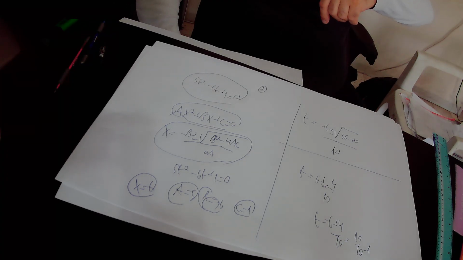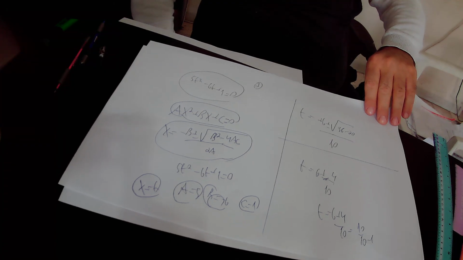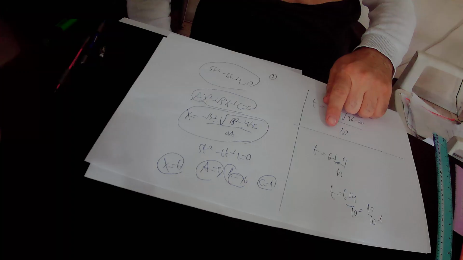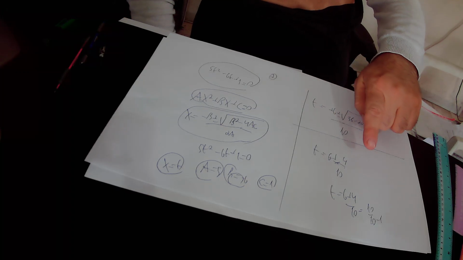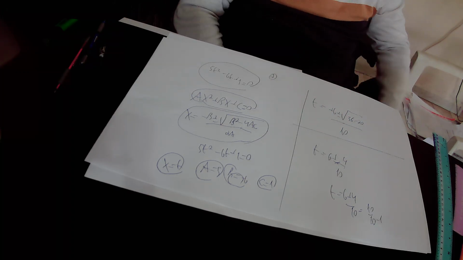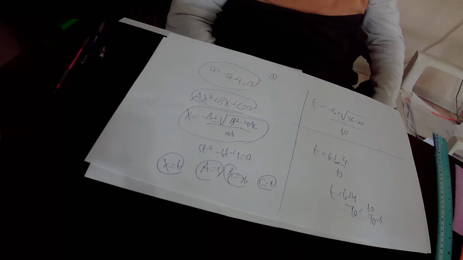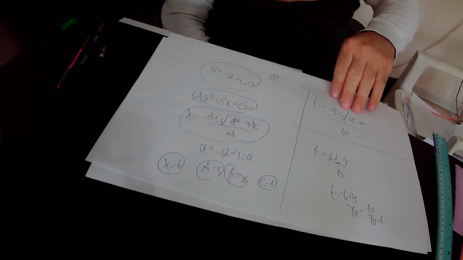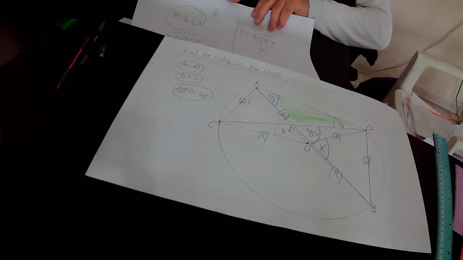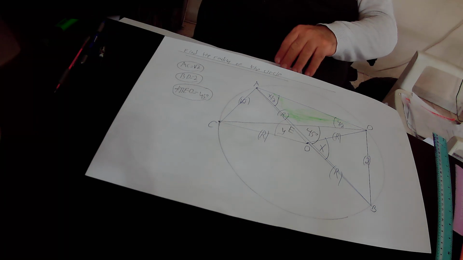So here we have two possible solutions. The first solution is that t equals 6 plus 4 over 10. 6 plus 4 is 10, and 10 over 10 is 1. So according to the first solution, t equals 1 unit.